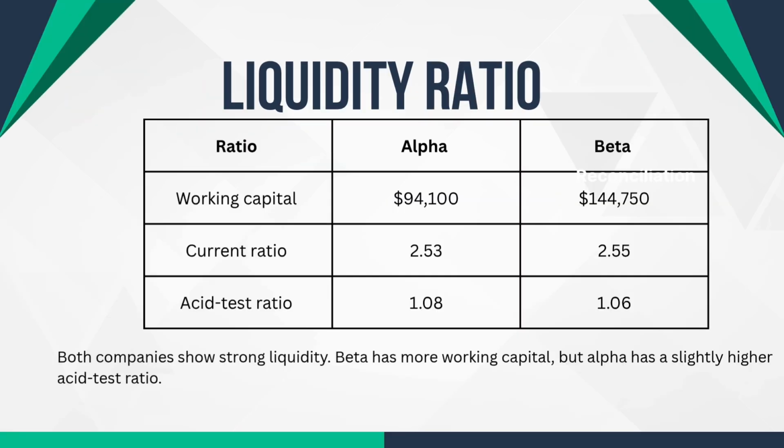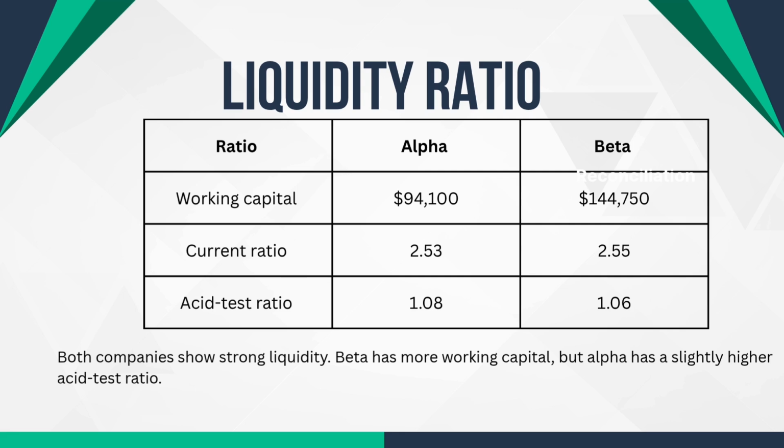So in this slide, we talk about the liquidity ratios. Working capital for Alpha company is around $94,100, and for the Beta company is $144,750.